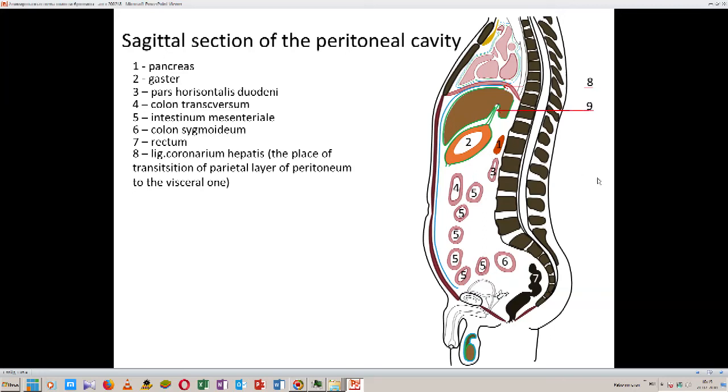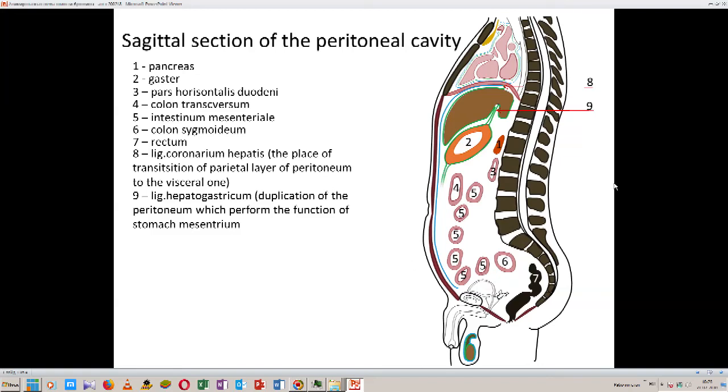So number 9, it's ligamentum hepatogastricum. Ligamentum hepatogastricum is duplication of the peritoneum which performs the function of stomach mesenterium. Excuse me, it's again a mistake, mesenterium it should be written.